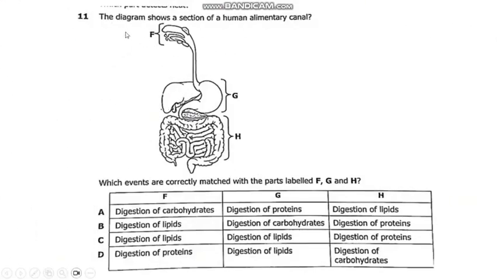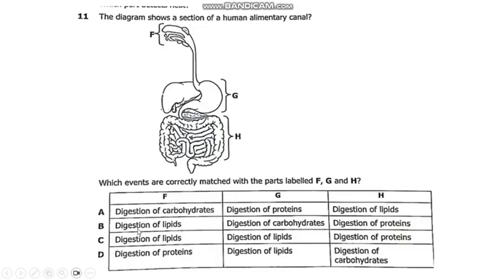The question reads, the diagram shows a section of a human alimentary canal. So this is the section of the human alimentary canal labeled F, G, and H. Which events are correctly matched with the parts labeled F, G, and H? A, F, digestion of carbohydrates. G, digestion of proteins. H, digestion of lipids.